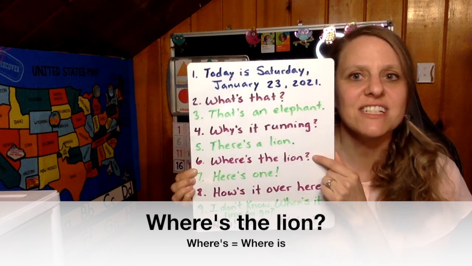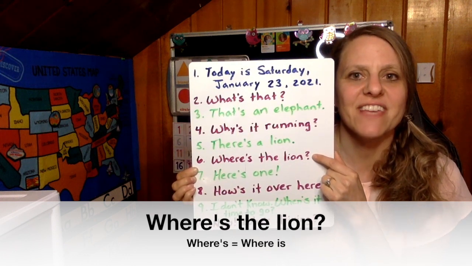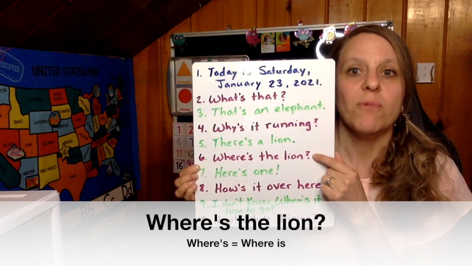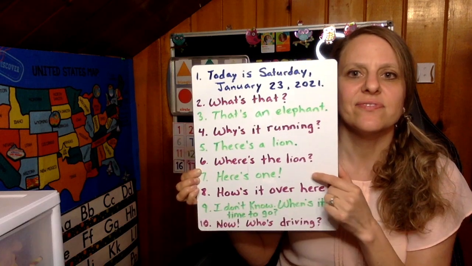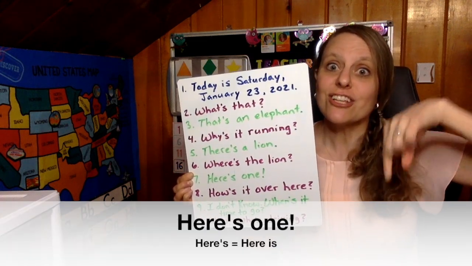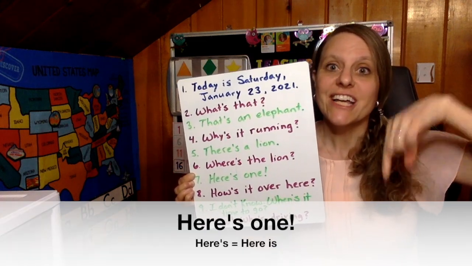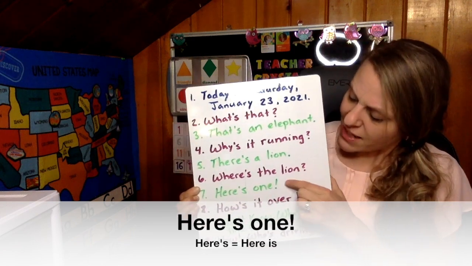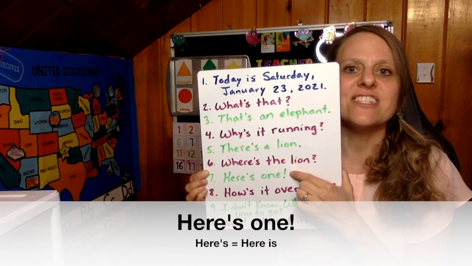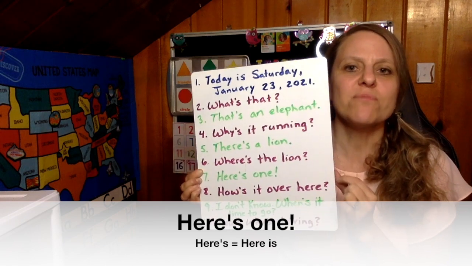Again, it's a question. We have a question mark at the end. Where's, where is? Where's the lion? Number 7. Here's one. Remember, here's is close to the speaker. Here's one, so we use an exclamation mark at the end. Here's is, here is. Here's one.